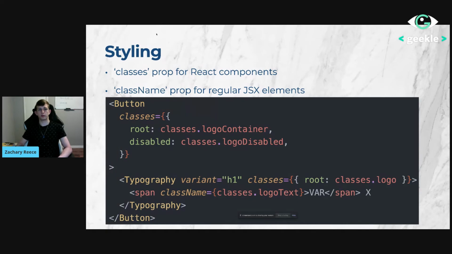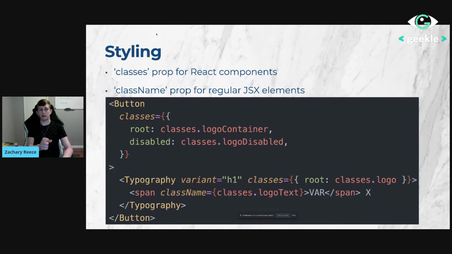Then, of course, for regular JSX elements, we just use the className prop as we've normally been doing. And then we pass the class from the JSS class that we created. So in this example, we can see here the button component has two classes being applied. To the root of the button, which is just the button tag itself, just the base button tag, we'll get the classes.logoContainer class, but then we pass disabled.